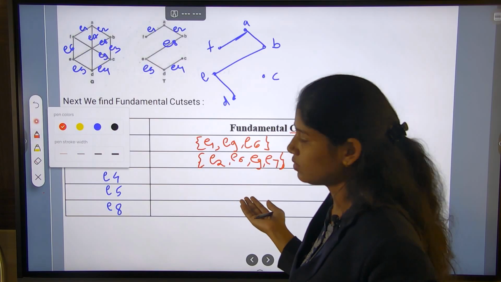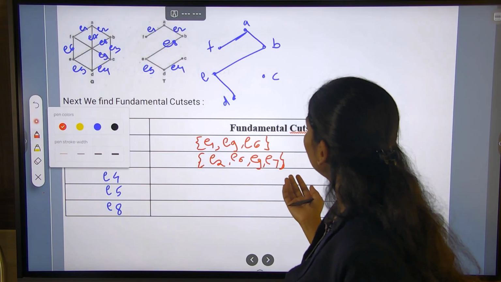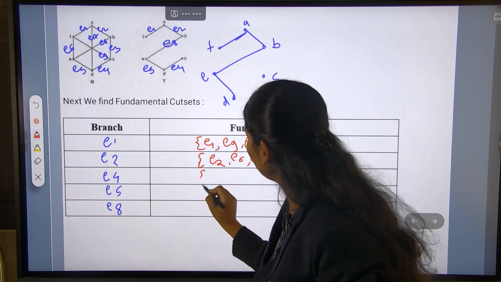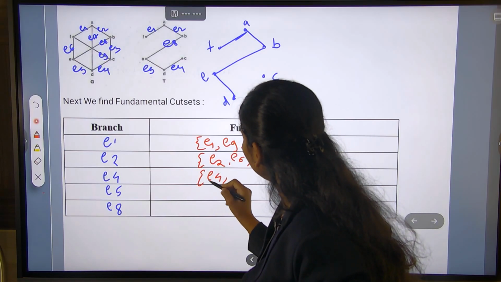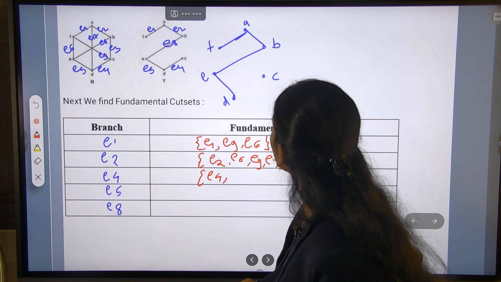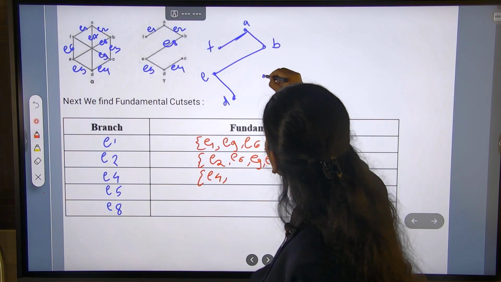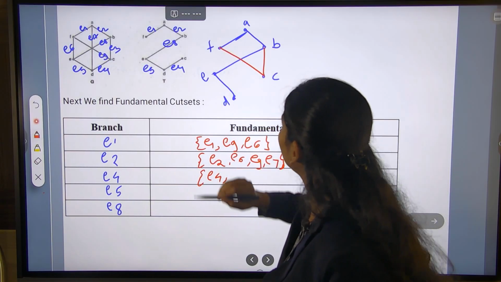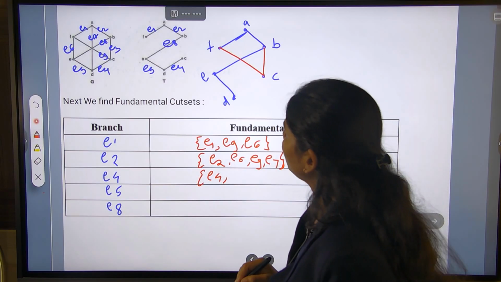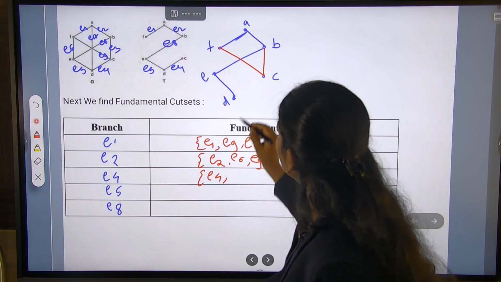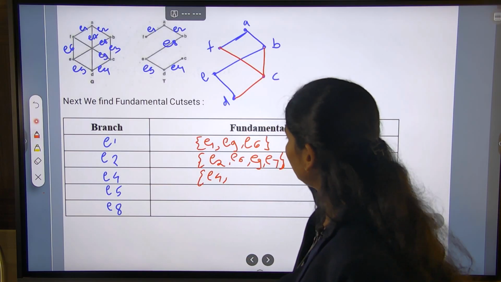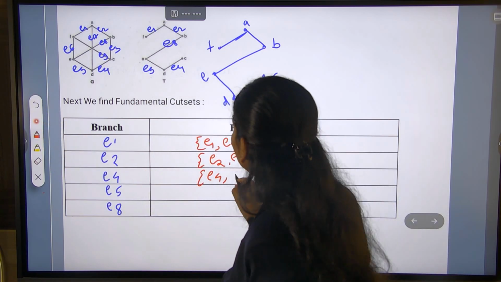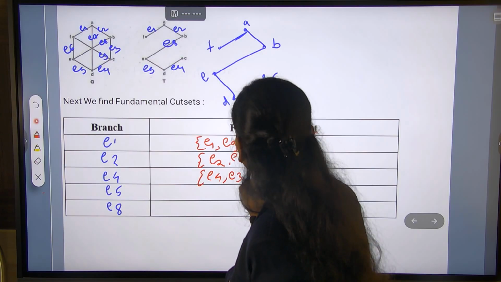Those chords will be written in the fundamental cut set. So E4 itself write down, then check for others. If we join E3, we get the connected one. If we join E9, again we get the connected one. Then E3, E9 and E4. There are 3. So write down all those 3 here: E4, E3 and E9.